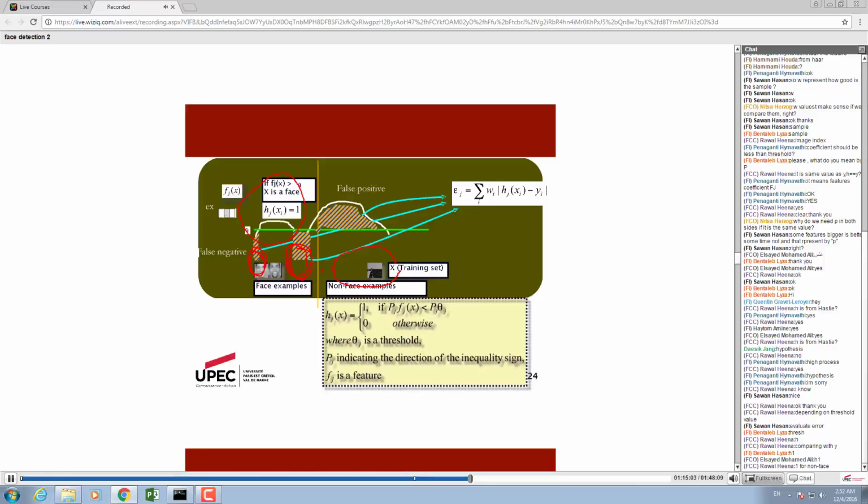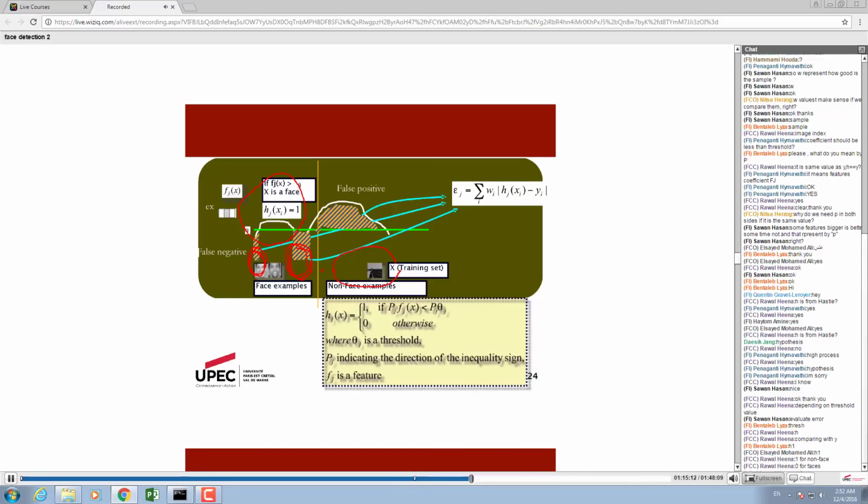But this orange hatched area is below the green line, even though it should be above. Then it means H is giving us 0 for these samples. So this number of samples are becoming errors.